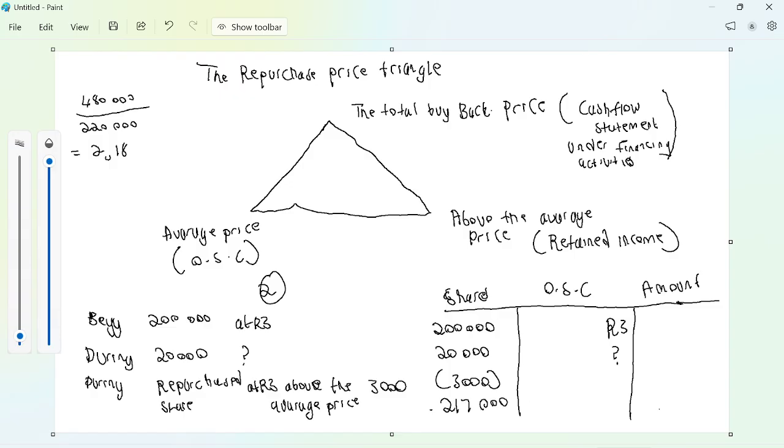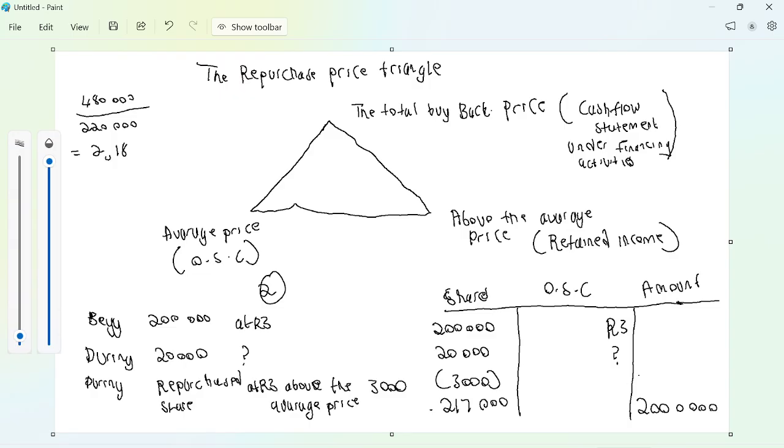Meaning in this scenario, from your trial balance, they'll tell you that the value of the amount of our shares at the end of the year is maybe 2 million. So for scenario two, guys, you have to have these two amounts on your ordinary share capital note.